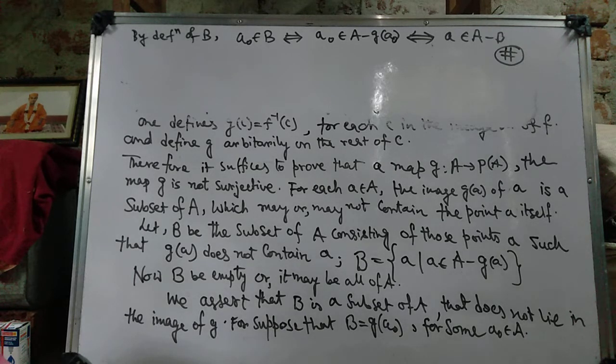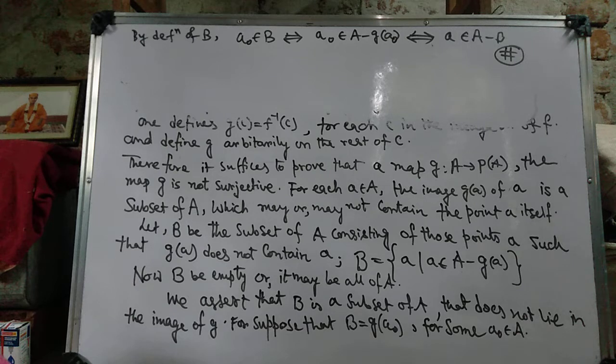For each a in A, g(a) is a subset of A, which may or may not contain a itself. Let B be the subset of A consisting of those points a such that g(a) does not contain a.